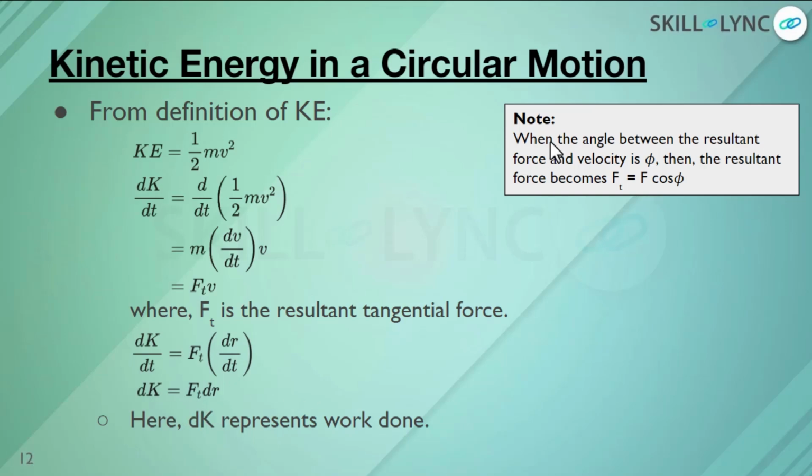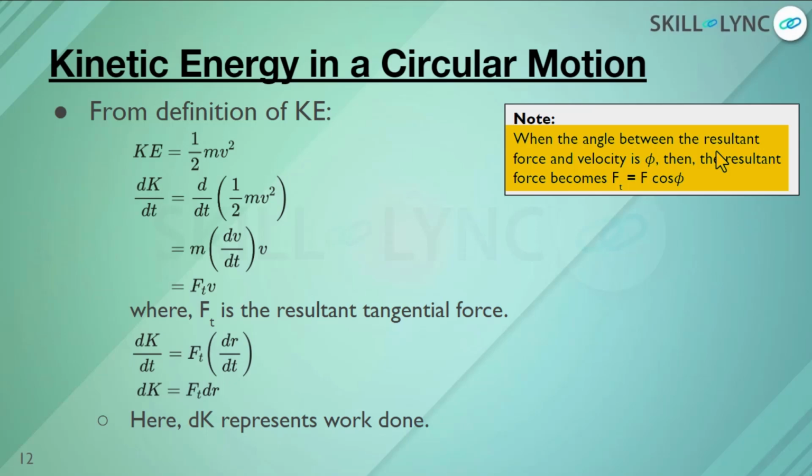One thing to be noted here is that when the angle between the resultant force and the velocity is phi, then the resultant tangential force becomes Ft is equal to F cos phi. Let me explain that.